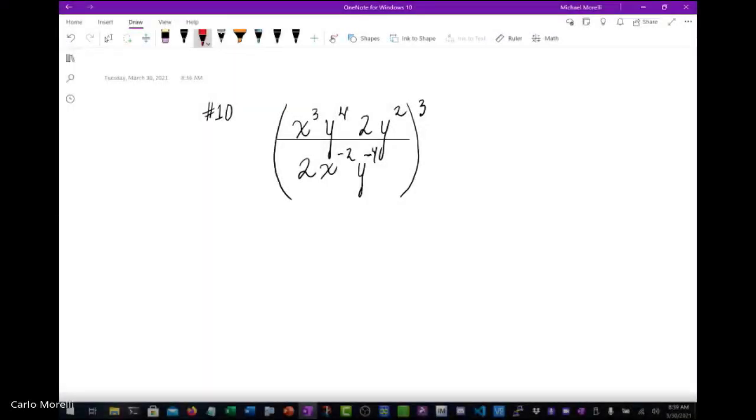Okay, when we solve this number 10, what do you notice is on the left and right side that is real big? What do you call these? Do you remember PEMDAS?